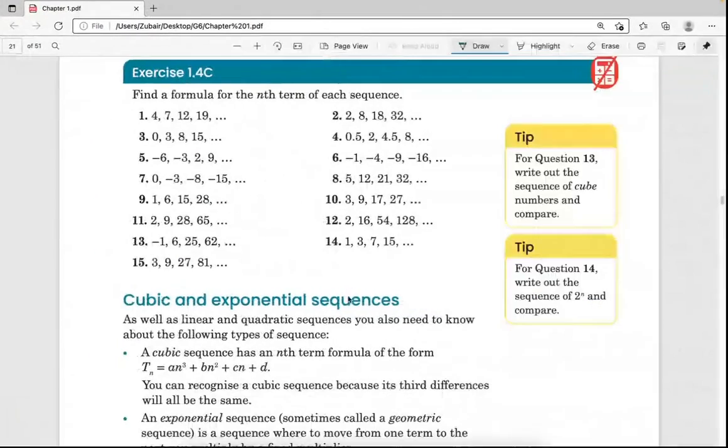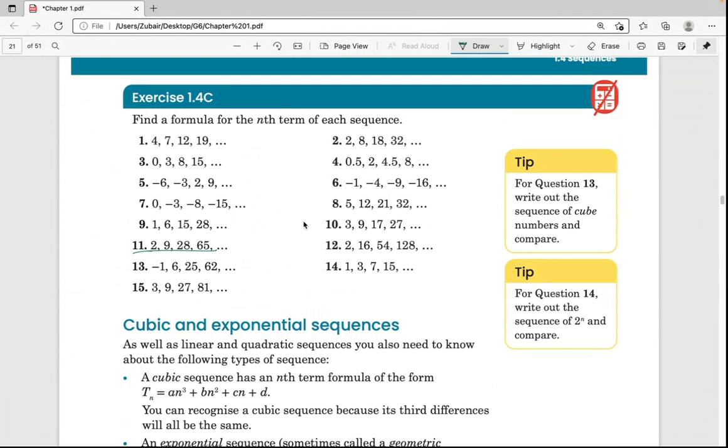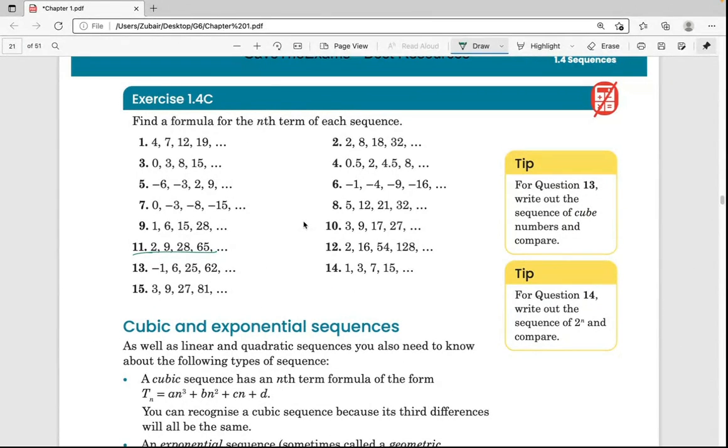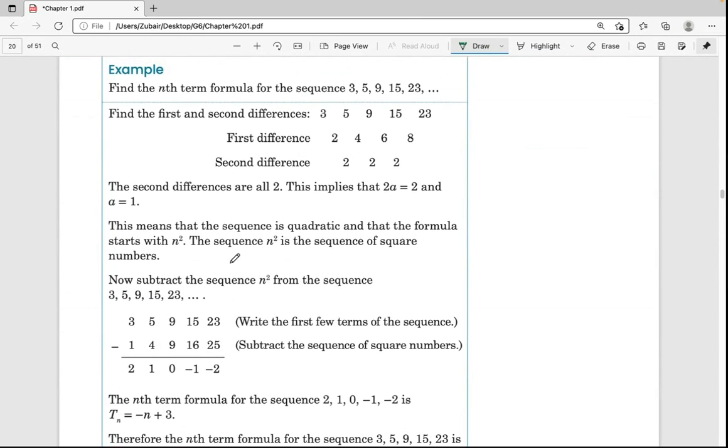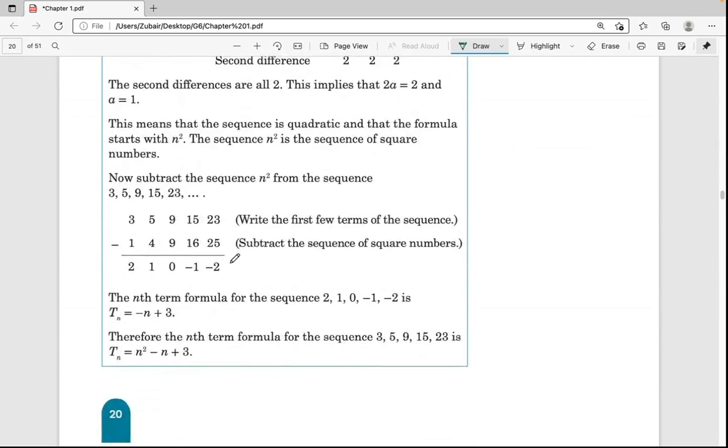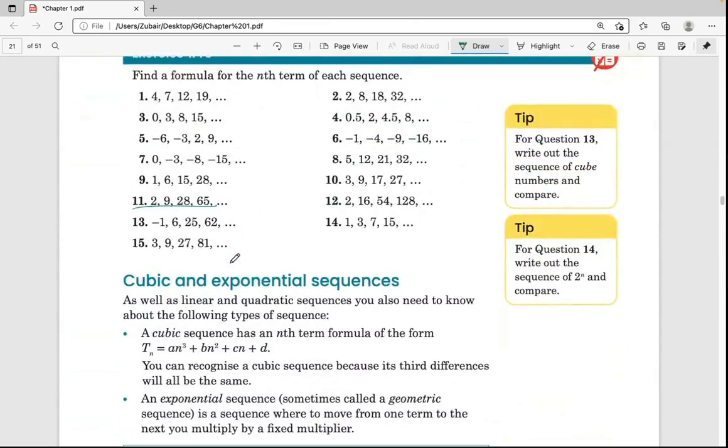This is not quadratic. 2, 9, 28, 65. Clearly no, the second difference is not constant.